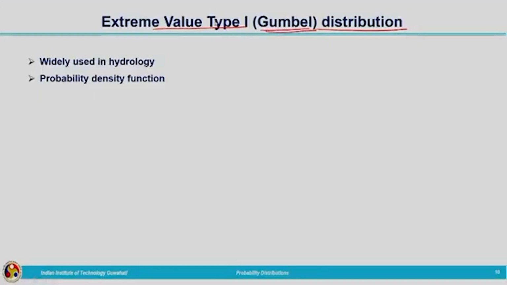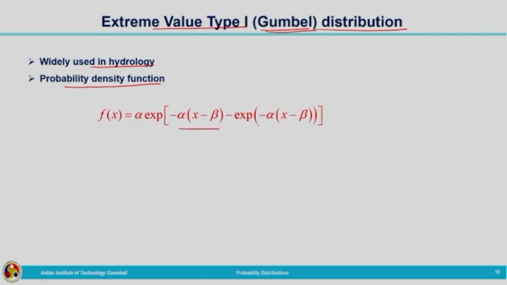It is very commonly used in hydrology, and the probability density function is given by f of x equal to alpha e to the power of minus alpha times x minus beta minus e to the power of minus alpha times x minus beta. So, this is the probability density function corresponding to Gumbel distribution.